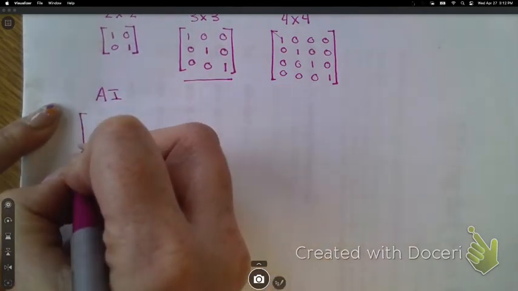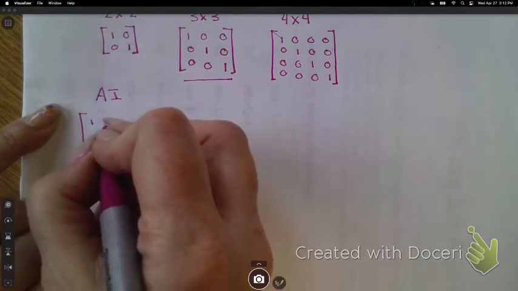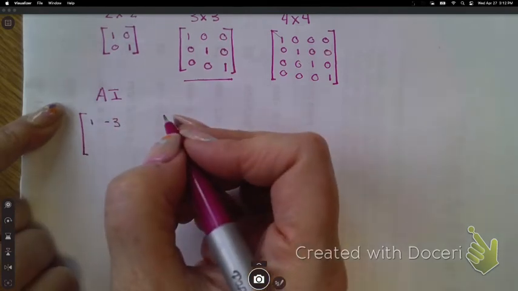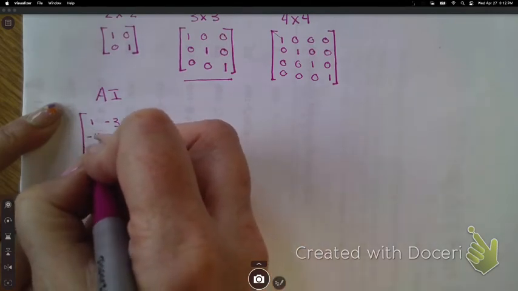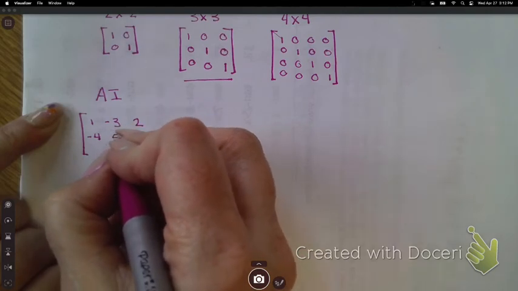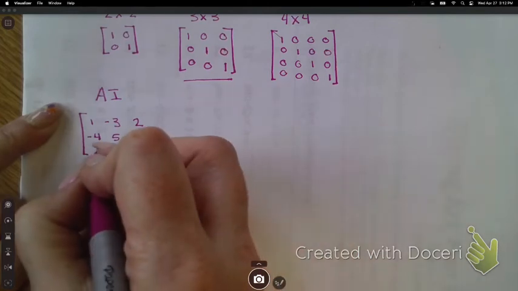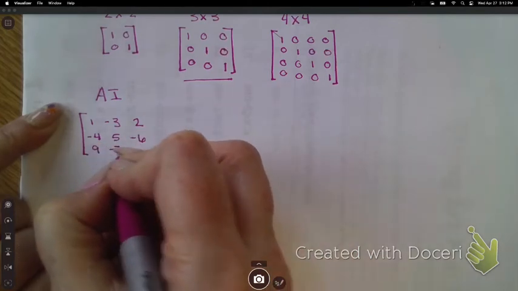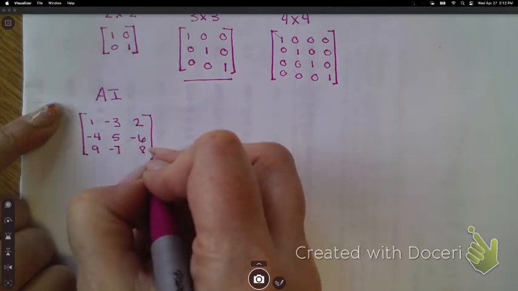A is 1, -3, 2, -4, 5, -6, 9, -7, and 8. I'm not gonna lie, I thought we were using those zeros and ones.